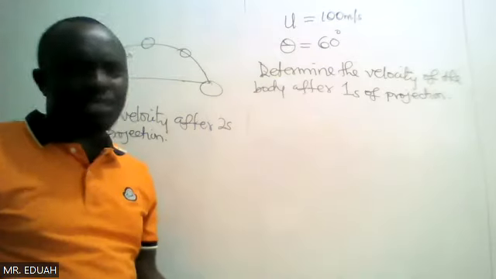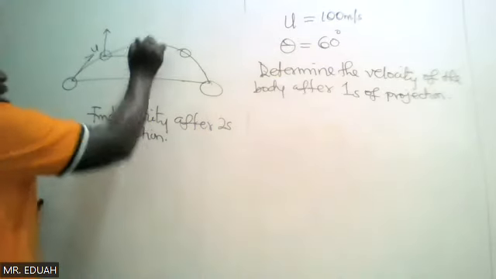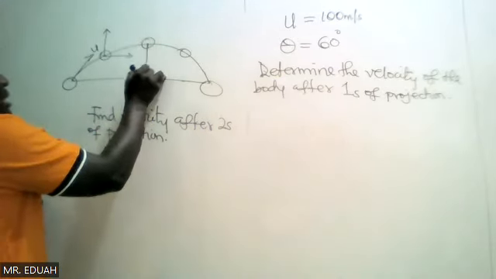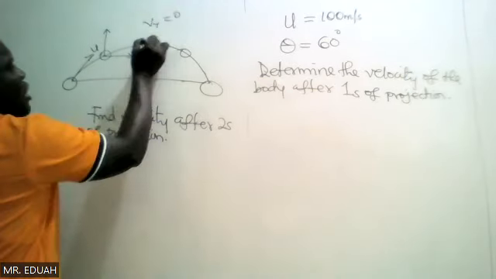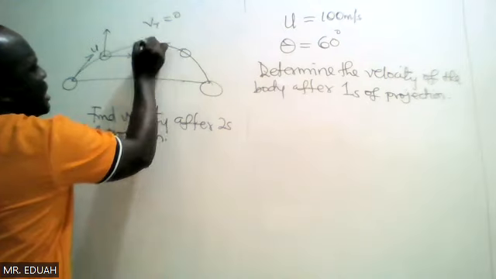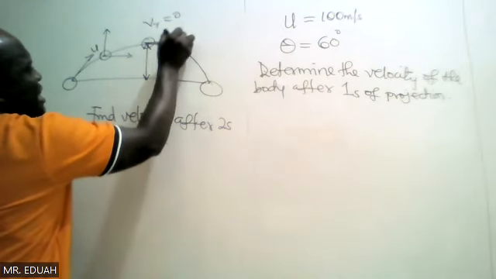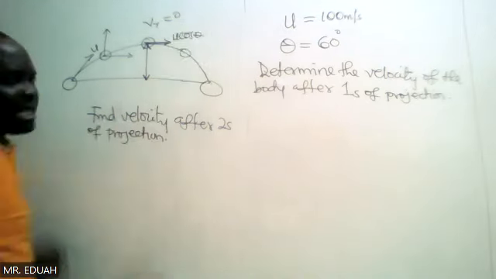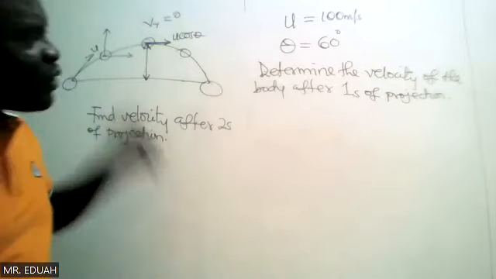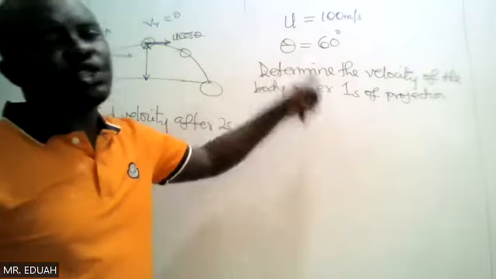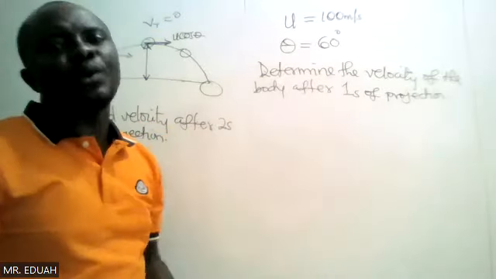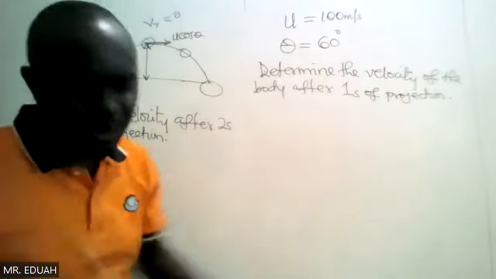Let's assume this is the maximum height. Vy is equal to 0, but the horizontal velocity u cos theta is there. So you have to find the time taken to reach the maximum height to be sure whether after 1 second we are at the maximum height or not.